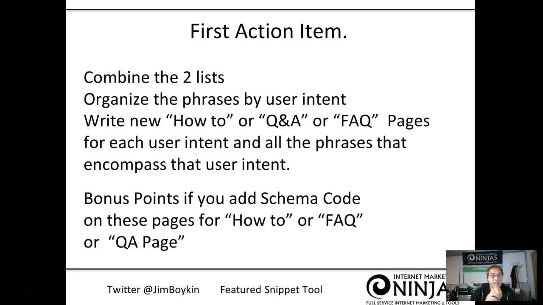Here's your first action item. Combine those two lists. Organize the phrases by user intent. So take all those phrases and organize them, and then you're going to write some new pages. If you see that a whole bunch of the questions have to do with how to use YouTube tags, for example, here's a topic, and you've got 5 or 6 different questions and searches related to that all have to do with YouTube tagging.